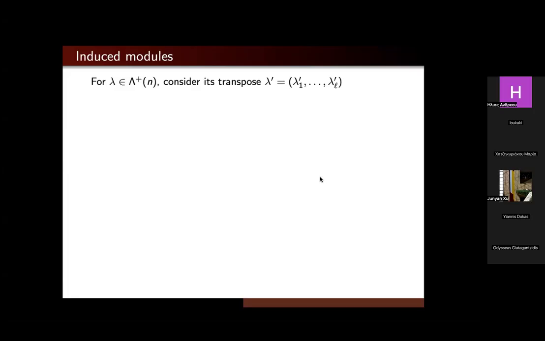Right. Let's construct it. It's a game that we have to play many times today. So I take a partition. Unfortunately, when you want to go with this construction, you have to consider the transpose of this partition. The transpose is that you flip your partition, and now your columns become rows, and the rows become columns.